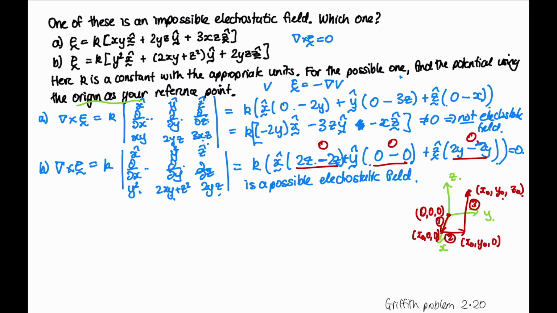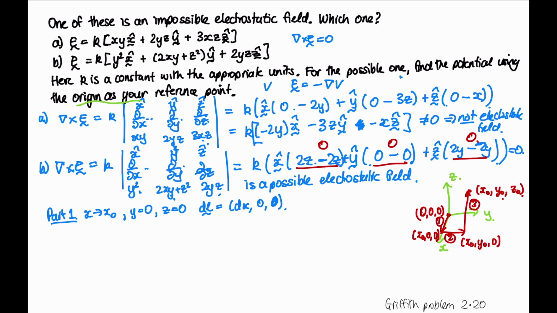So part 1, we've got x going to x0, y remains at 0, z remains at 0, and dl in this case is just going to be equal to dx, 0, 0, because we're not taking any increments in the y or the z direction.